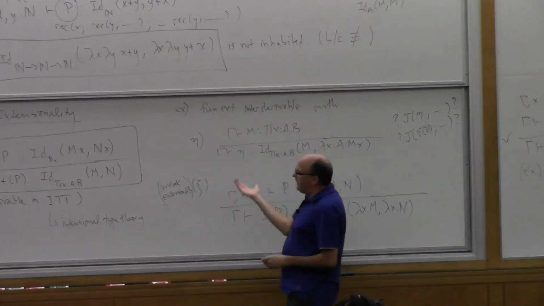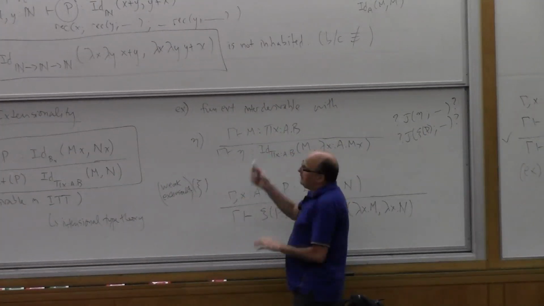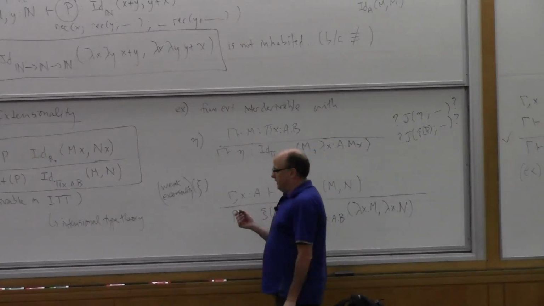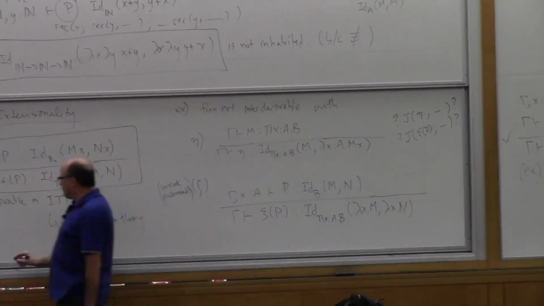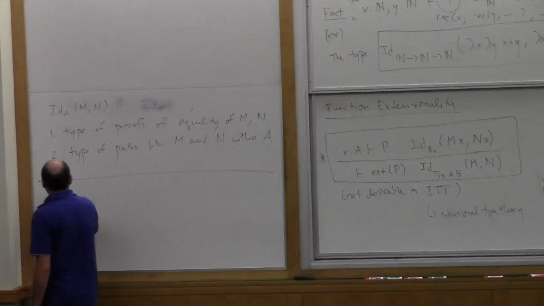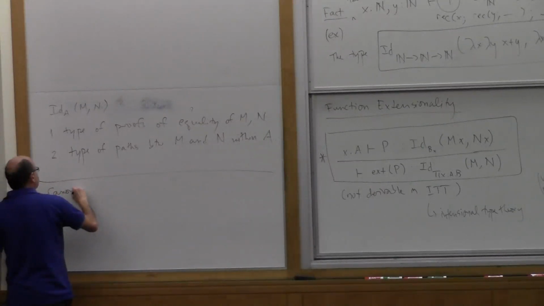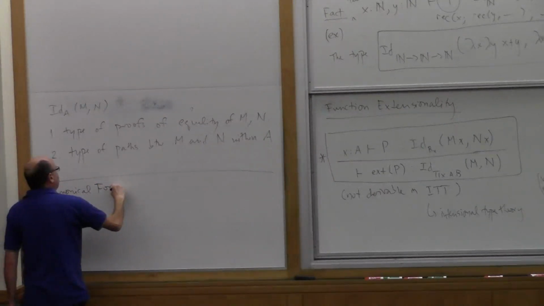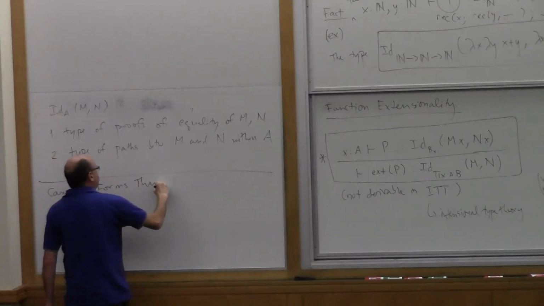Because we need to have, and this is something that I haven't maybe properly stressed here, we would like to have a canonical forms theorem. If you don't mind, I will put it like this. An example of what I will call a canonical forms theorem: you would like to know the following kind of fact.